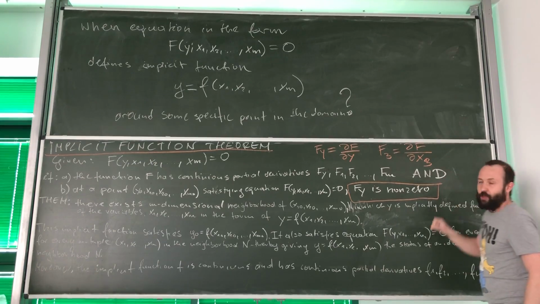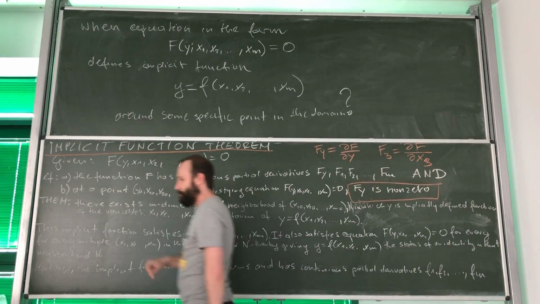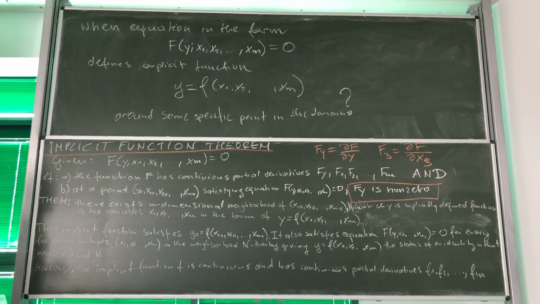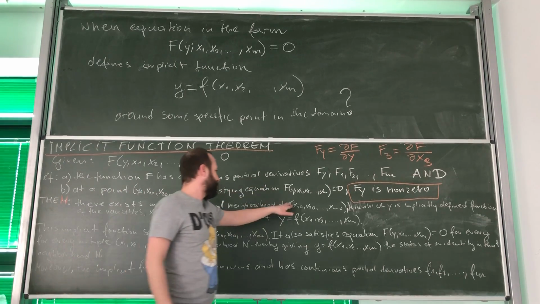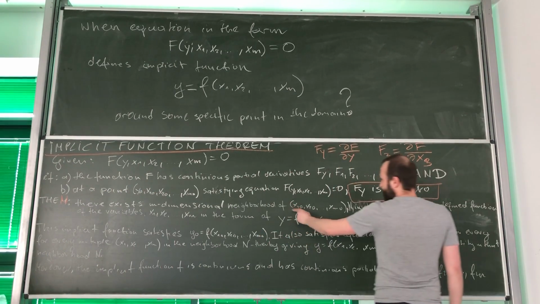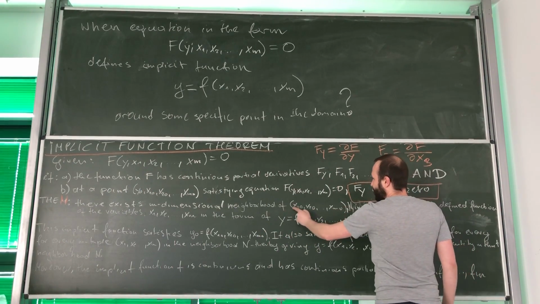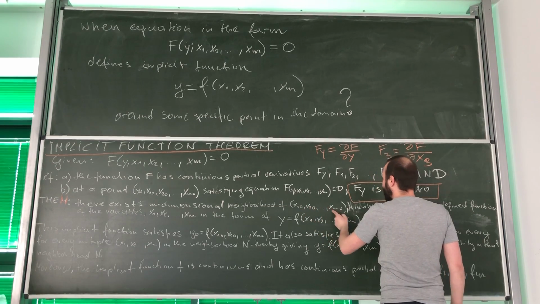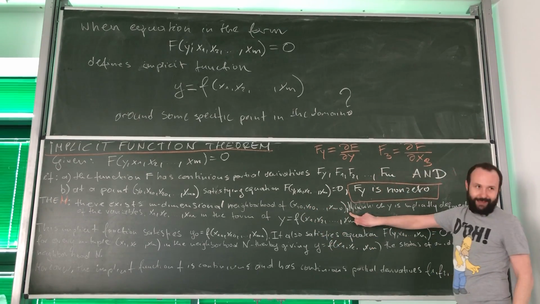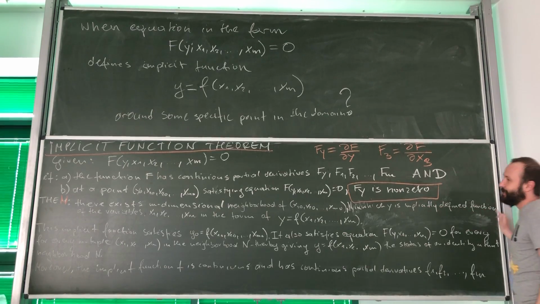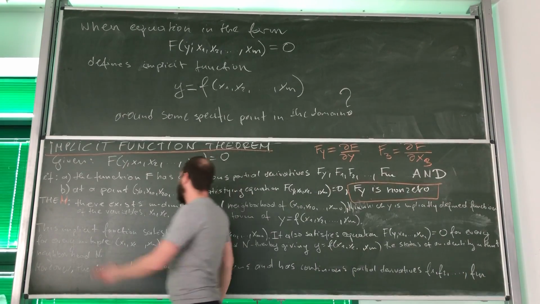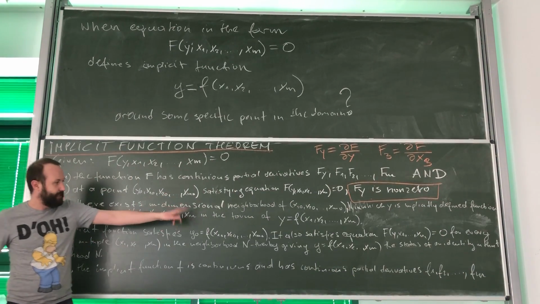This is the condition we will have to check before we can use the theorem. And look what is happening then. There exists an n-dimensional neighborhood of point x10, x20, xm0 that we will call N, in which y is an implicitly defined function of variables x1, x2, x3, xm.